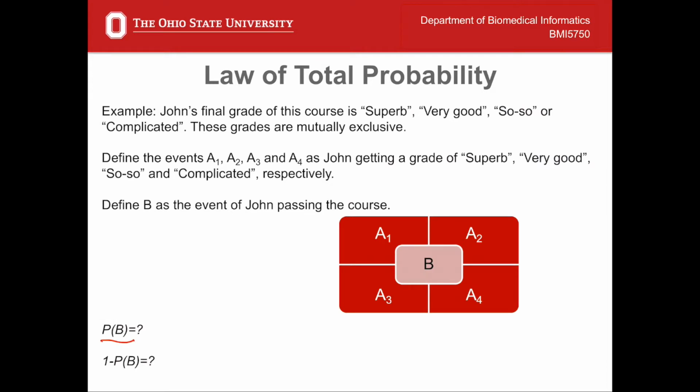P(B) equals the probability of A1 and B happening together plus A2 and B happening together plus A3 and B happening together plus A4 and B happening together. Then we can write out the formula based on the law of total probability. What is 1 minus P(B)? Actually, that's the probability of the event that John failed the course.